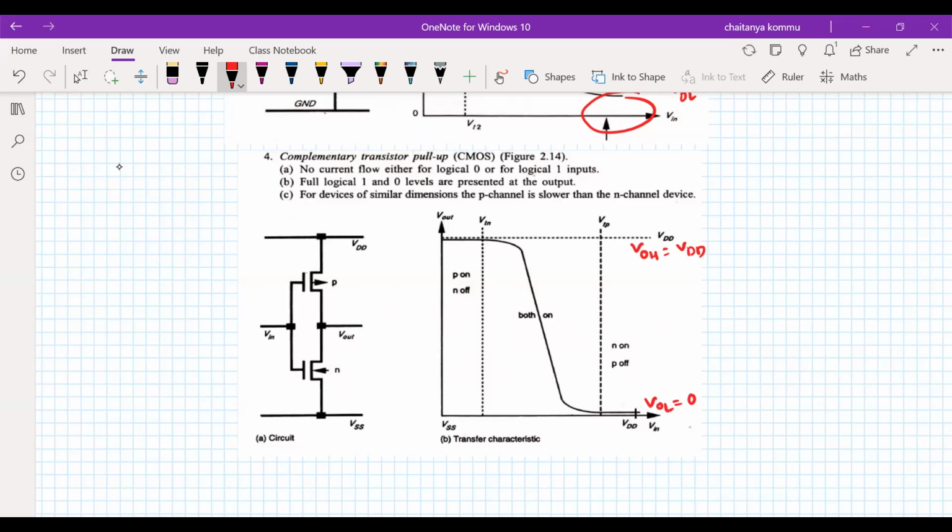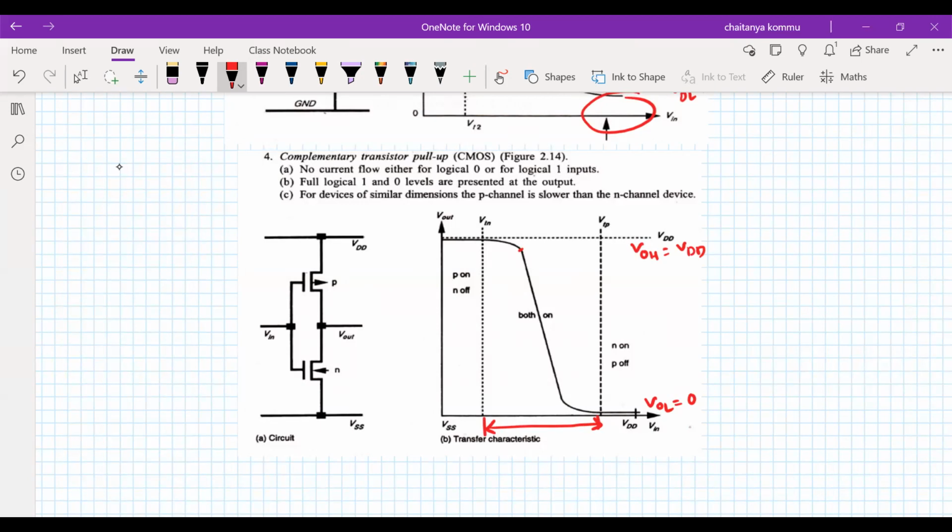And the only problem is the duration for which both the transistors are on. This duration we have to narrow down as much as possible by choosing suitable sizes of the NMOS and PMOS. Okay, but actually we have good logic values by using this one.